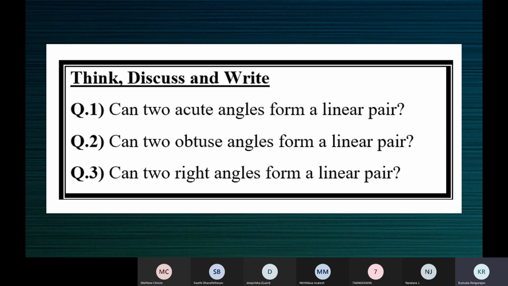So the sum of two obtuse angles will always be more than 180 degrees. Therefore, two obtuse angles cannot form a linear pair.